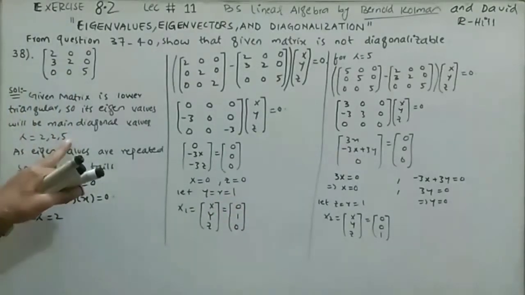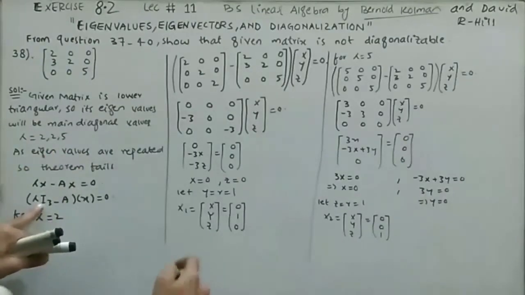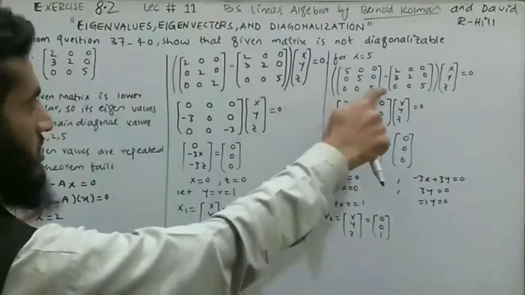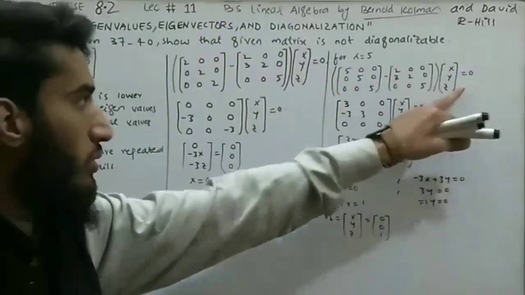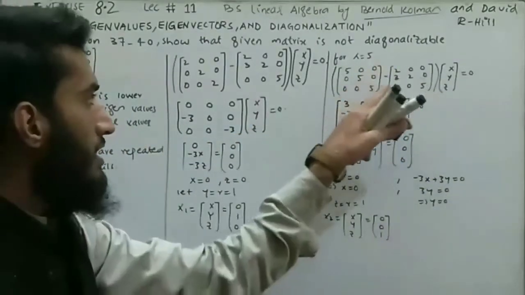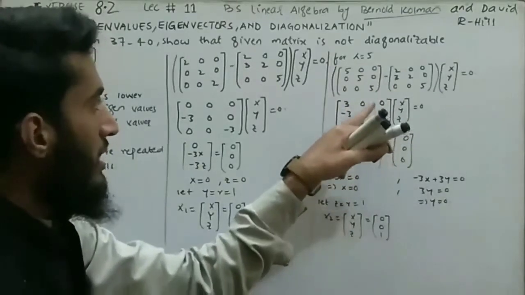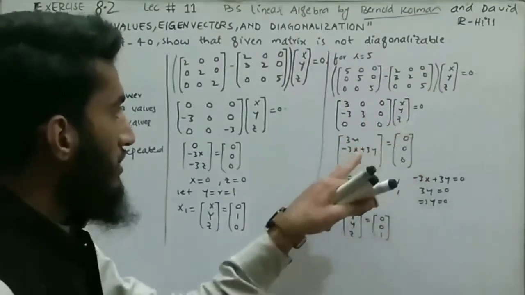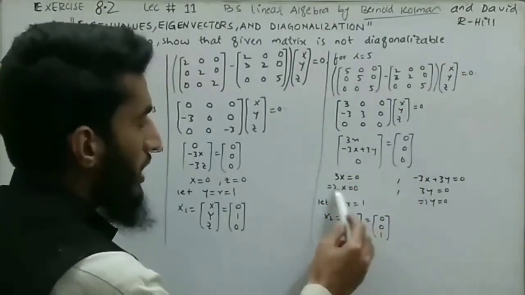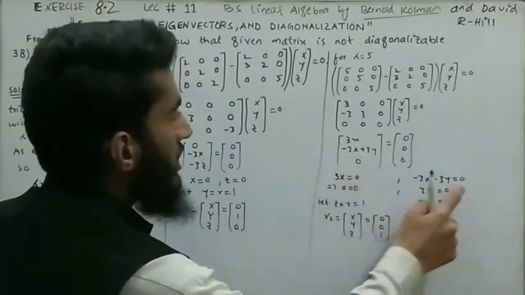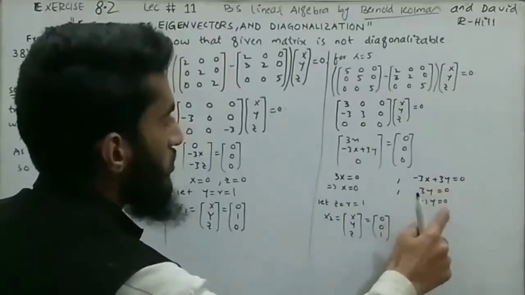Now by putting lambda equal to pi in the same equation, it becomes pi I3. So pi I3 gives us this matrix, minus A, the original matrix, into (x, y, z), is equal to 0. By subtracting these two matrices, it will give us this matrix. By multiplying this matrix with this, it will give us this matrix. So from over here 3x is equal to 0, so we get x is equal to 0. Minus 3x plus 3y is equal to 0, so put x equal to 0, it will give us y is equal to 0.